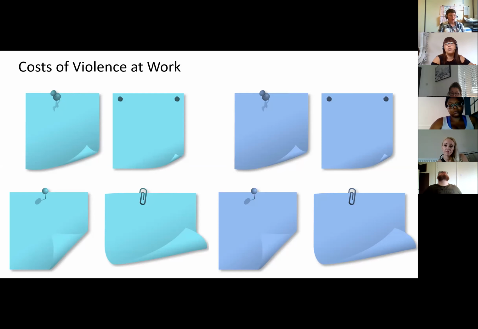So grab your text tool for me. That's your annotate toolbar. Get your text tool out for me. And holistically, I'd like you to think about what are the costs of violence at work, either personal, organizational, etc. So just have a little think and pop something down on the sticky notes for me.